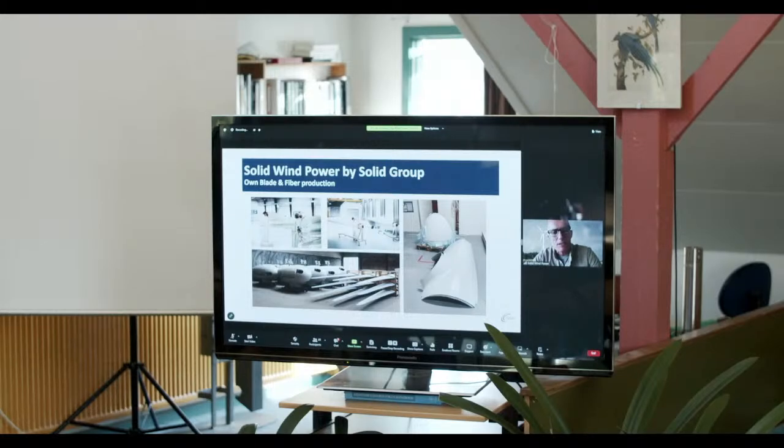So, for instance, the generator is German, so are the brakes. The gearbox is Swedish. Our control system and yaw gearing is Danish. The steel is European and has up to now been manufactured and machined by sister companies, and now we use a partner in the Poland and Czech area.